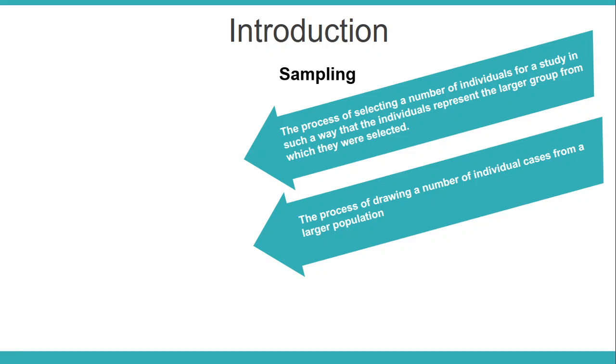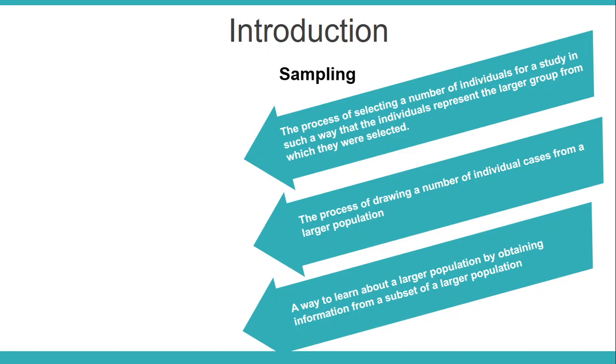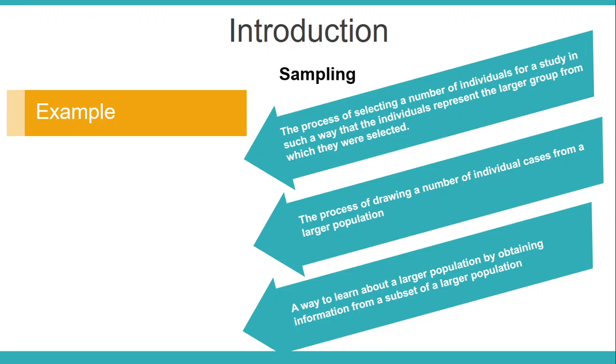Sampling is the process of drawing a number of individual cases from a larger population. It is a way to learn about a large population by obtaining information from a subset of it; we select individuals as a sample and collect information.